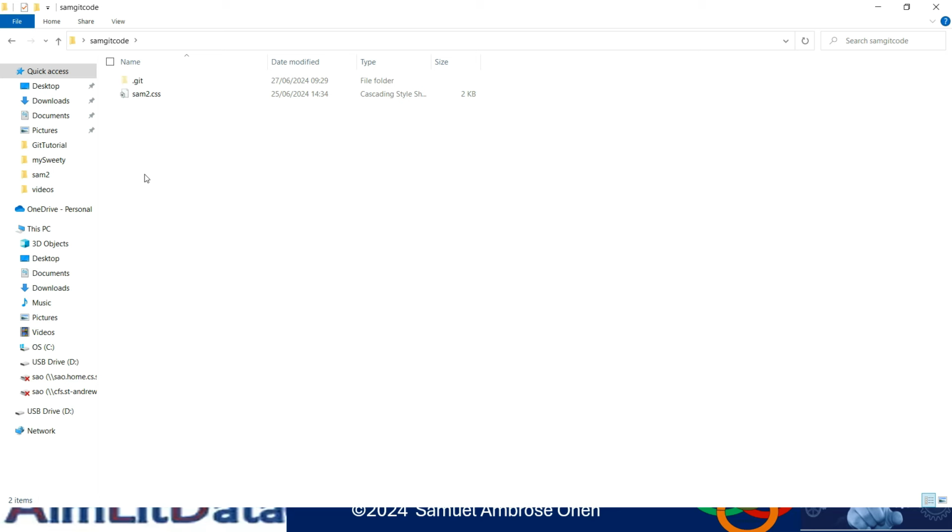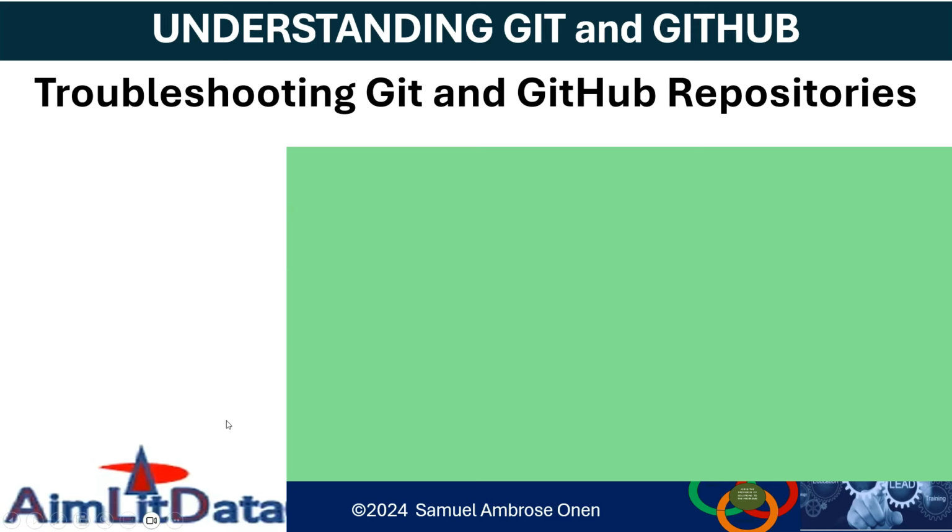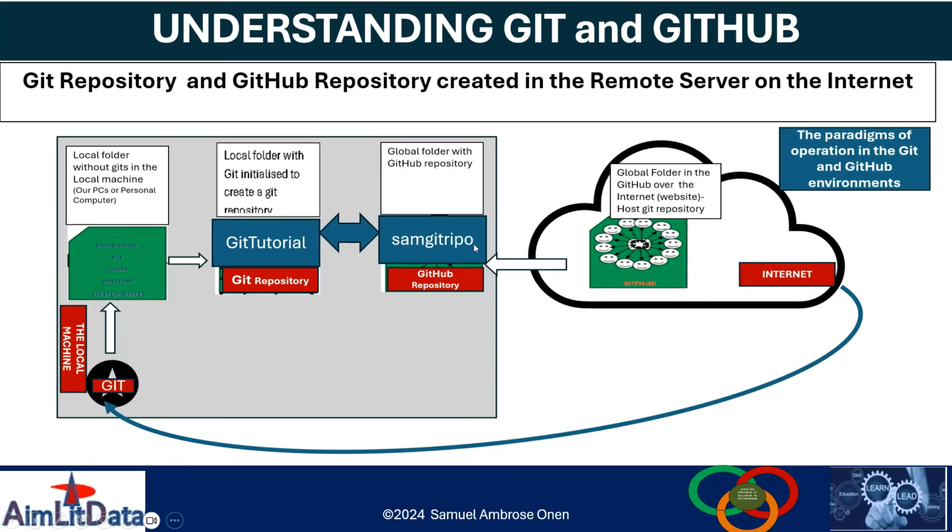So Git is a program that rules both worlds, local and remote, for version control. So this some Git code is the one I am showing you here.